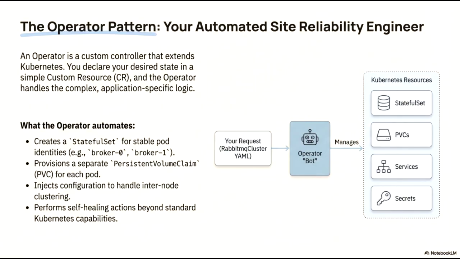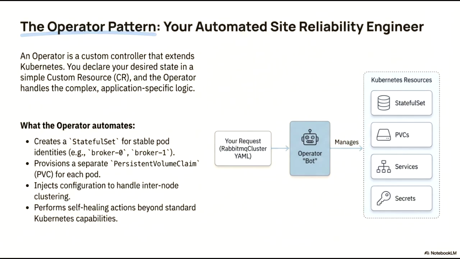First, it creates a stateful set to ensure stable pod identities, which is crucial for applications like databases or message brokers, where identities must remain consistent. Second, it automatically provisions a separate persistent volume claim, or PVC, for every individual pod to ensure data persistence. Furthermore, the operator is responsible for injecting the necessary configurations to handle inter-node clustering, ensuring that the application components can communicate and synchronize effectively.